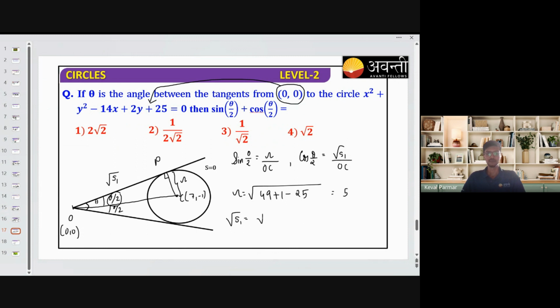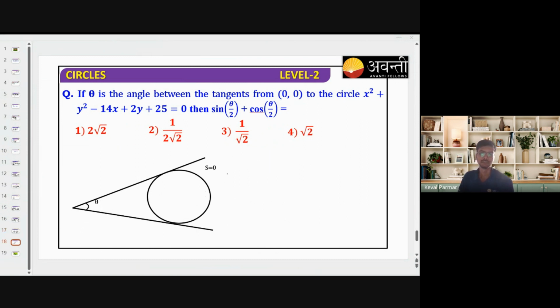So I think we'll get root 25 only, which is again 5. What is OC? For OC, use the distance formula. We'll get (7 minus 0) the whole square plus 1 square. So root 50. I can write root 50 as 5 root 2. Correct, guys?